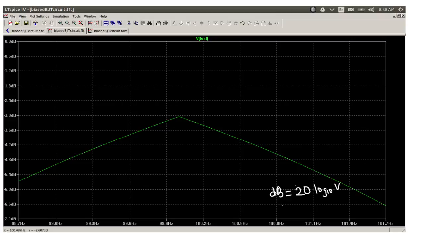So if V was equal to 1 volt, then the dB should have been equal to 0. So the minus 3 dB that we are getting essentially means the FFT is actually plotting the RMS value at each frequency, not the peak value.